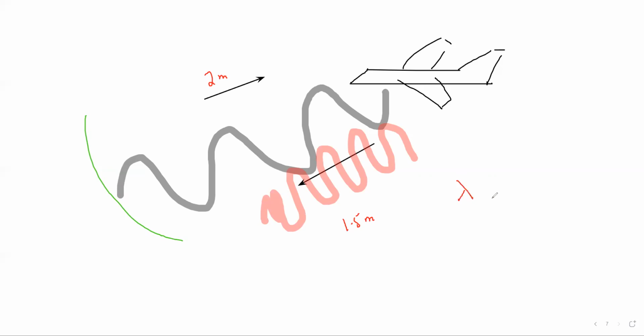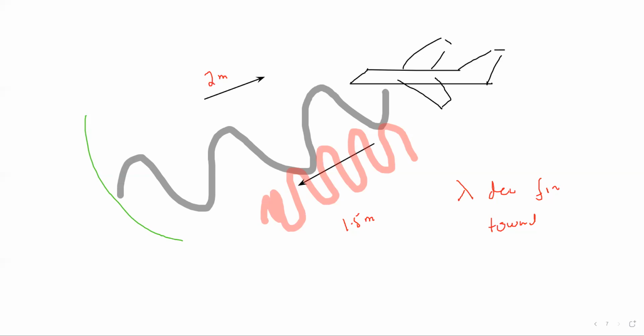So whenever there's a decrease in the wavelength or the frequency increases, we can say that the objects are moving towards each other, or the object is moving towards the source, or the source is moving towards the object, or both are moving towards each other. The opposite can also be done.